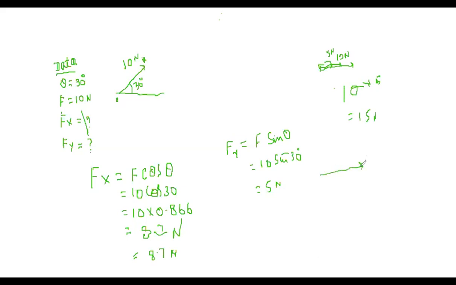Suppose this is OA, and another vector is 5 Newton. The tail of the second vector will come with the head of the first vector. This method of joining is called the head and tail rule. The head and tail rule is used to join vectors.